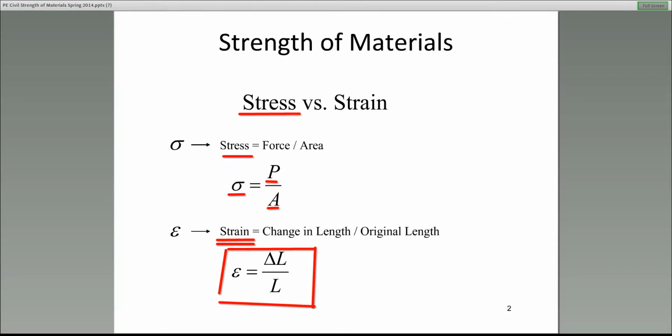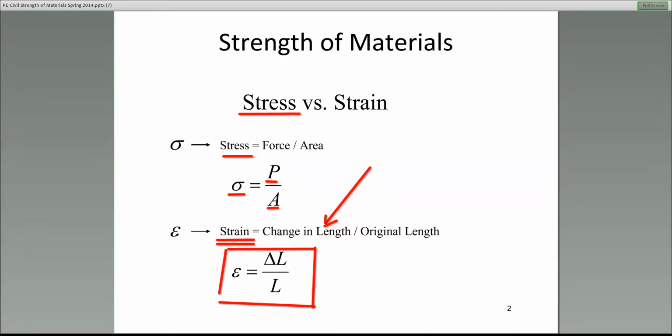Now, please pay very close attention to what is in the numerator. The numerator is delta L. Delta L is simply change in length. Okay? It's not length, it's change in length divided by the original length. So when normal stress, let's say it's in tension, it causes extension of a member.